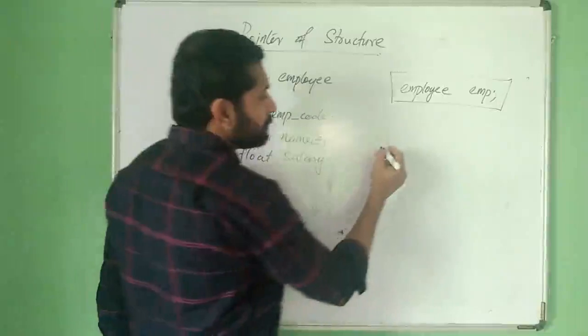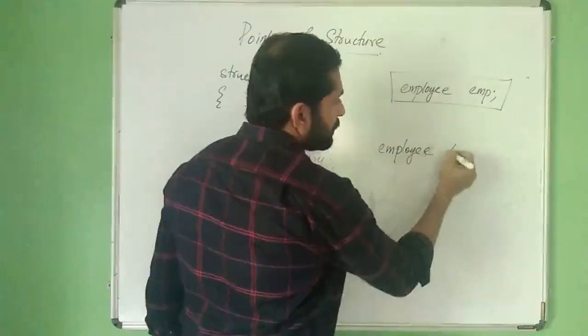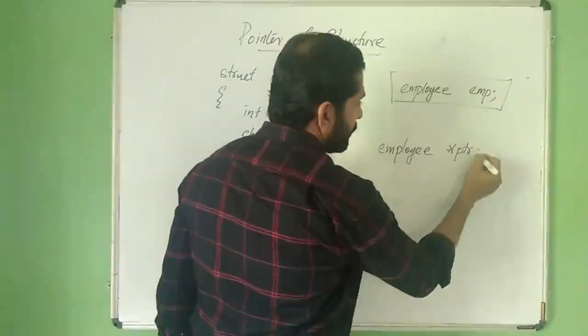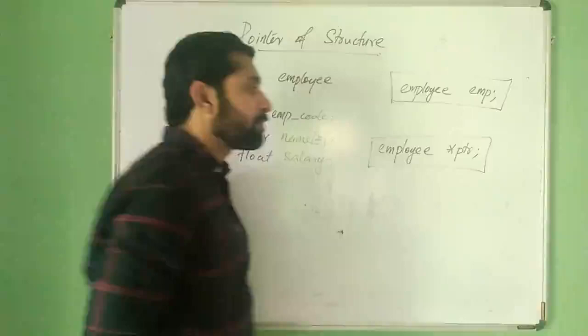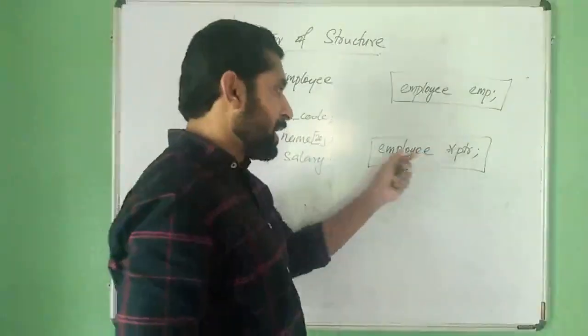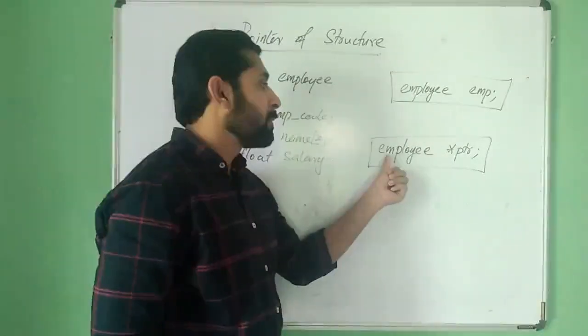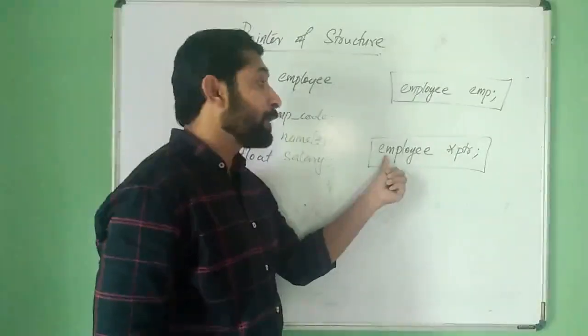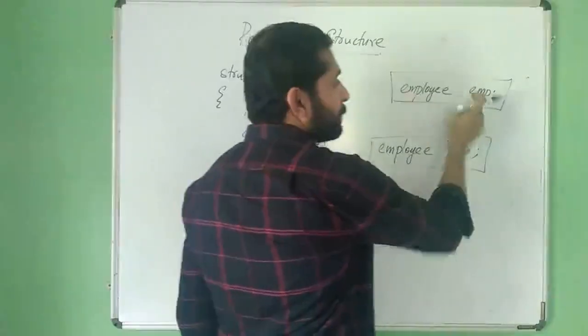How can we create it? The way is employee *ptr. Here this ptr is of type employee. Now this ptr can store the address of the memory location reserved for an employee type variable.